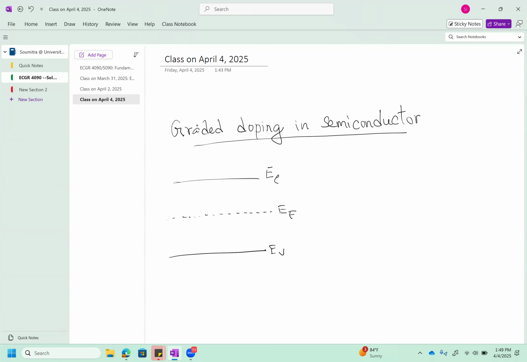Now, if I apply some doping, let's say I apply some N-type doping. So for instance, this is intrinsic material. And if I try to dope it with N-type material, then this is my EC conduction band, this is my valence band.